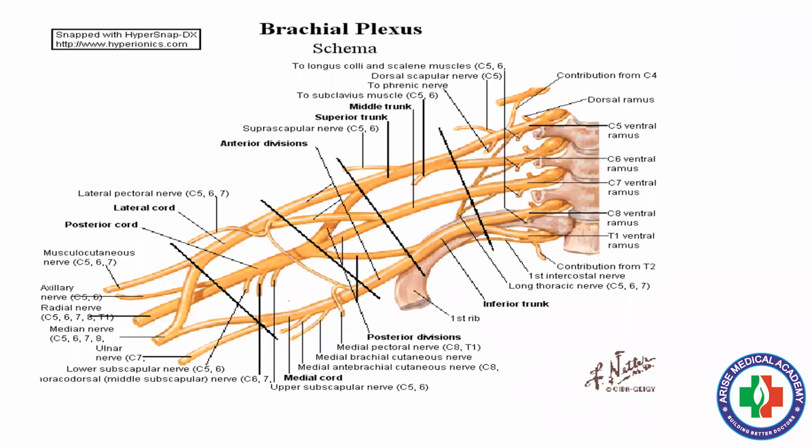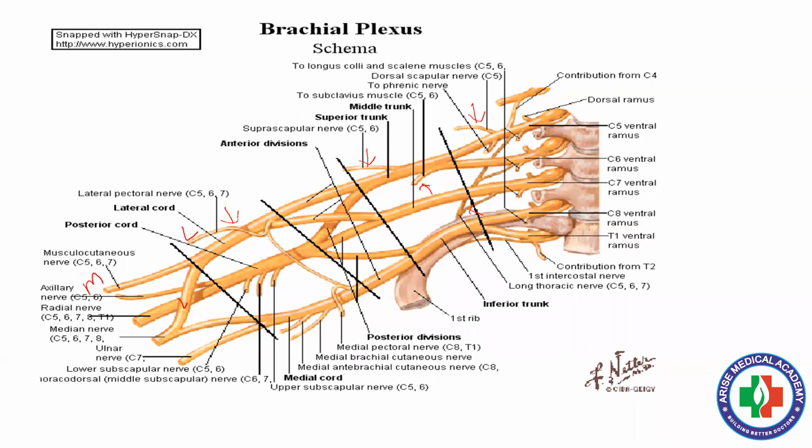First thing, branches from the roots: dorsal scapular nerve, long thoracic nerve. Branches from the trunk: only upper trunk gives rise to branches. They are suprascapular nerve and nerve to subclavius. Branches from the lateral cord, LML: lateral pectoral nerve, musculocutaneous nerve, lateral root of median nerve.